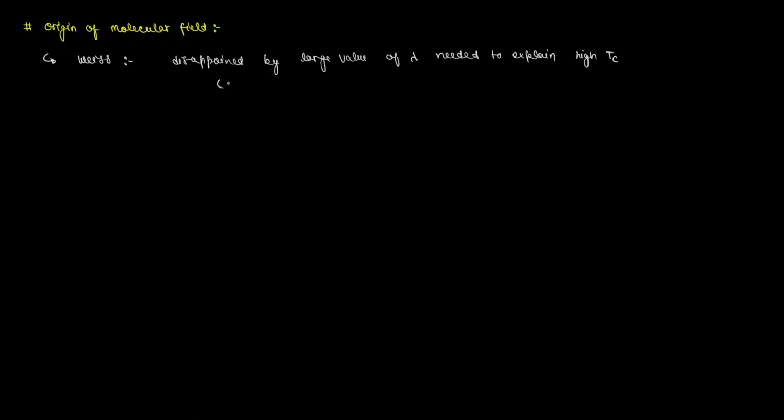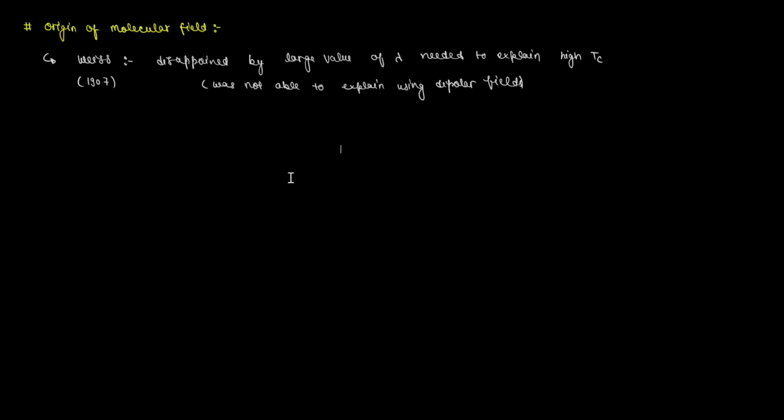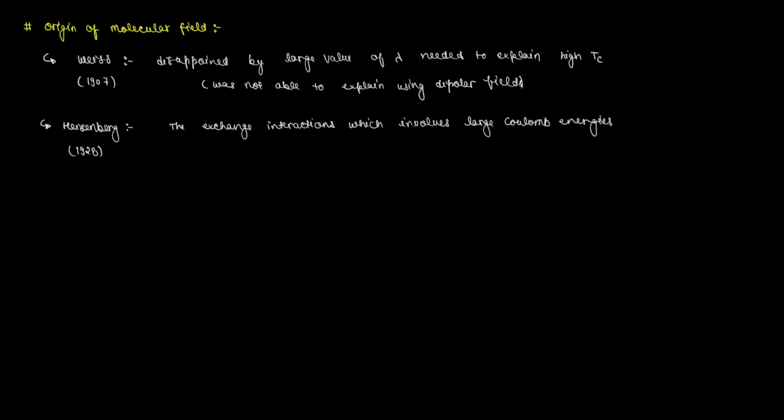Considering only dipole fields, it was not possible to account for an internal field of the order of 10 raised to power 3 Tesla, which is required for the Curie temperature of many elemental ferromagnets. But around 1928, Heisenberg showed that it was the exchange interactions, which involve large Coulomb energy, which are responsible for the large molecular field.